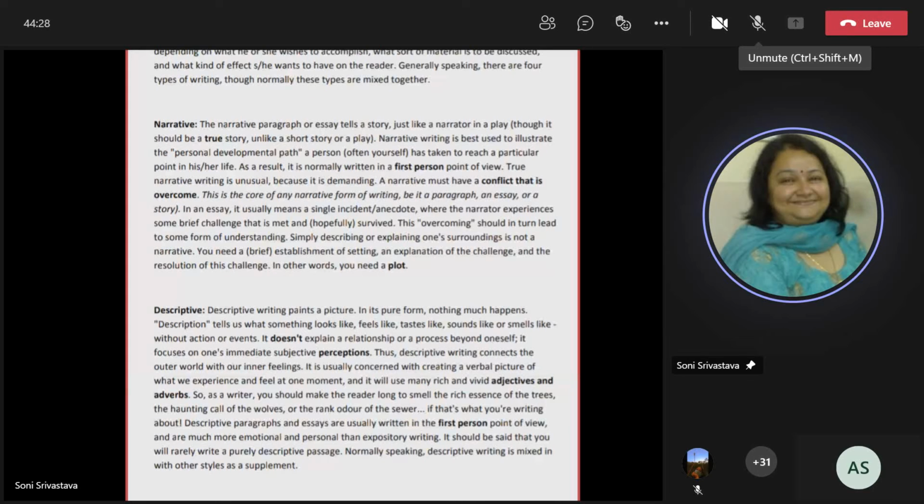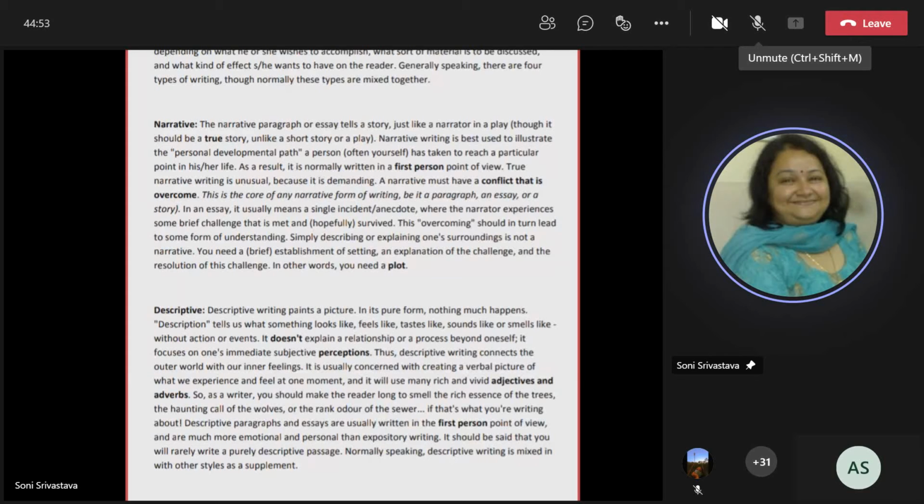What exactly is descriptive writing? Now, in descriptive writing, very simply, you capture all the details of a person, of a place, as if all the nouns, you capture all the essence of what kind of things have been used in narrative writing.